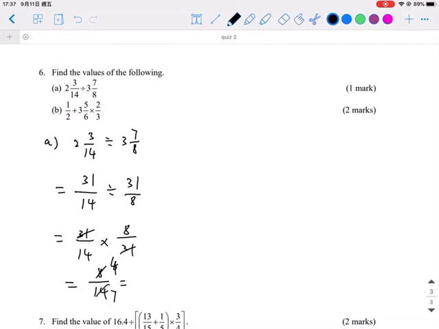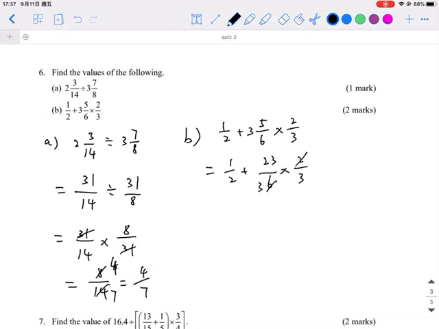4 over 7. Okay, for part B, remember to do the multiplication of the fraction first. So therefore I change to improper fraction, 2 over 3 multiplied by 3 over 4. So some cancellation, that means 1 over 2 plus 9 over 23, because the new denominator should be 3 times 3, right?